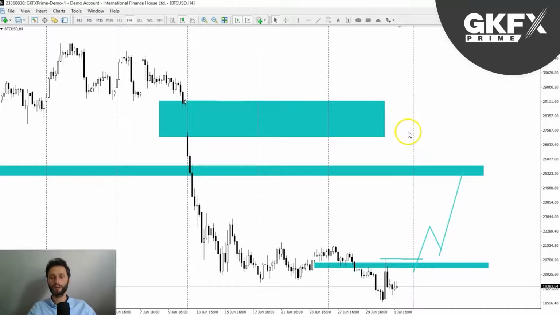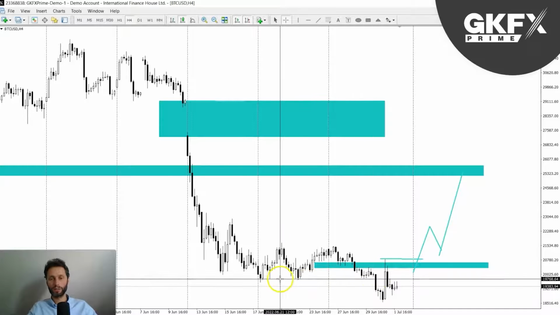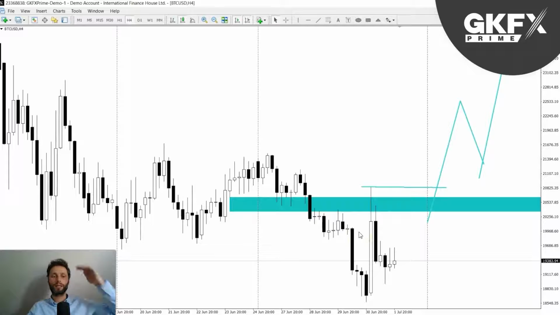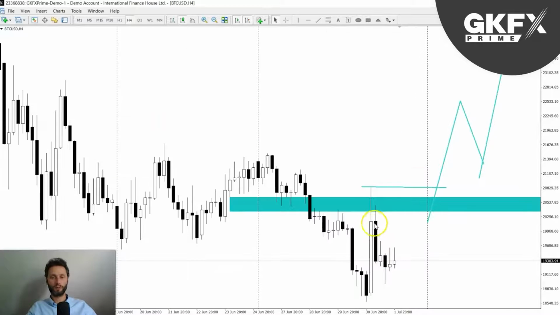At the moment it's nothing, it's kind of ranging, it's showing weakness, closing lower than the previous week. So I really want to see very clear bullish candles closing higher with momentum. Very easy to spot. We don't have that yet. This candle here had a wick to the upside, it didn't close very bullish.